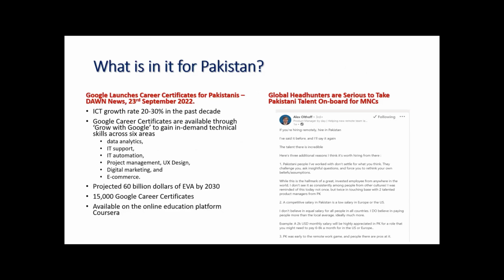Now, what is in it for Pakistan? I have very good news for Pakistani people. This news was published in Dawn only yesterday, that Google is going to spend $30 billion to create 15,000 Google career certificates, and that too for free.